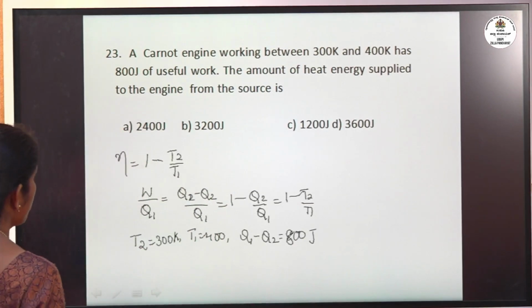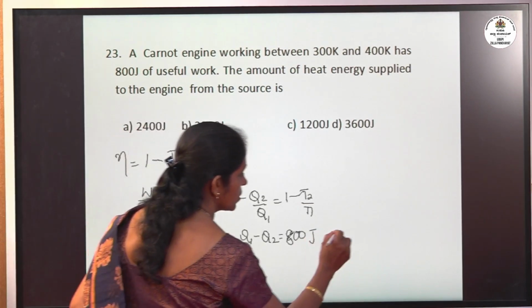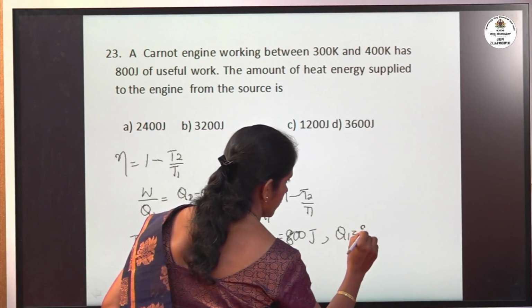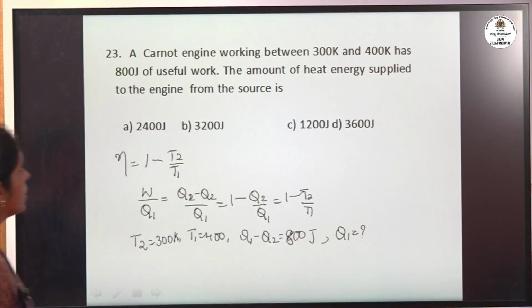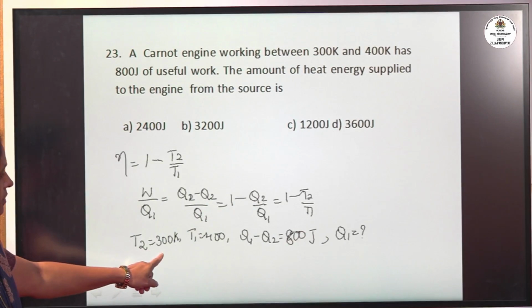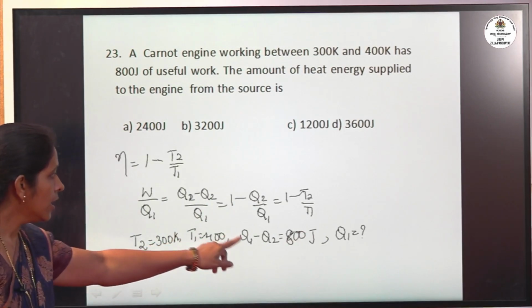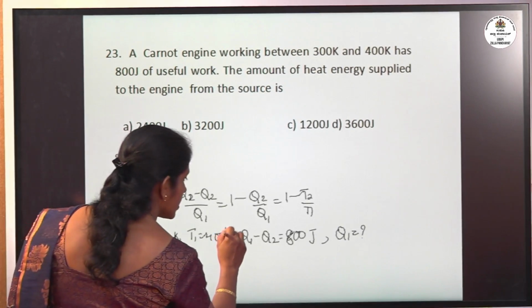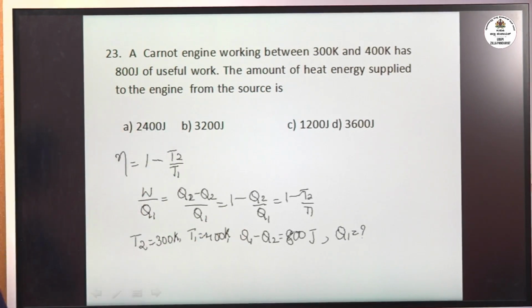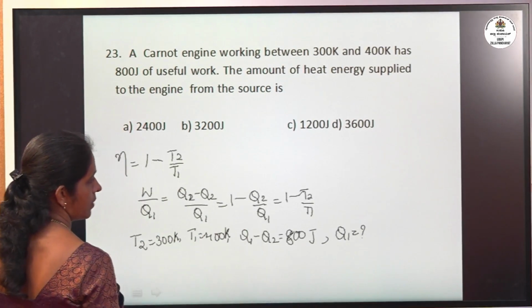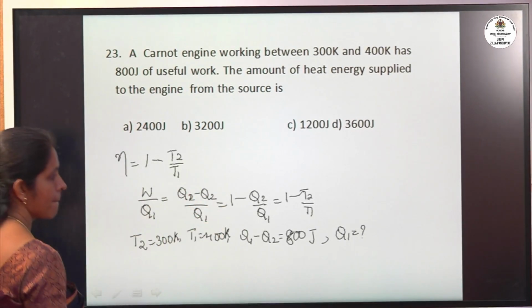You are asked to calculate Q1, the amount of heat supplied from the source. Temperature of the cold body 300 Kelvin. Temperature of the hot body 400 Kelvin. Work done, Q1 minus Q2, is given as 800 joule. Calculate Q1.